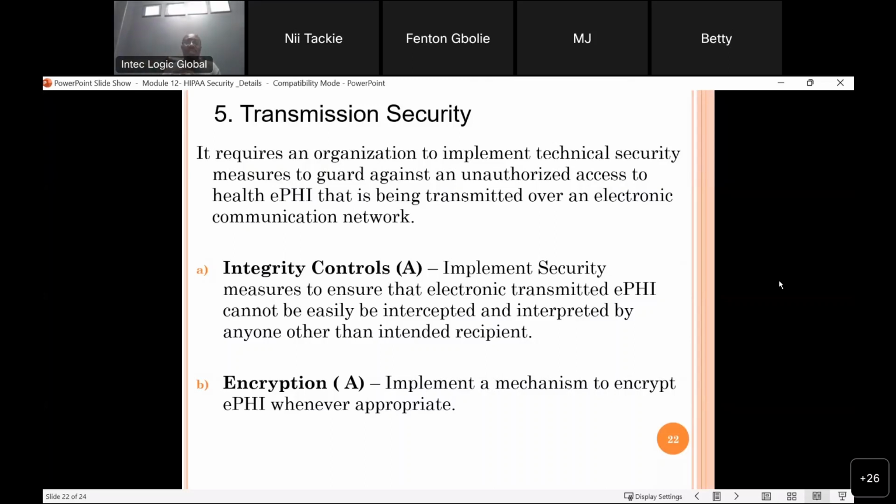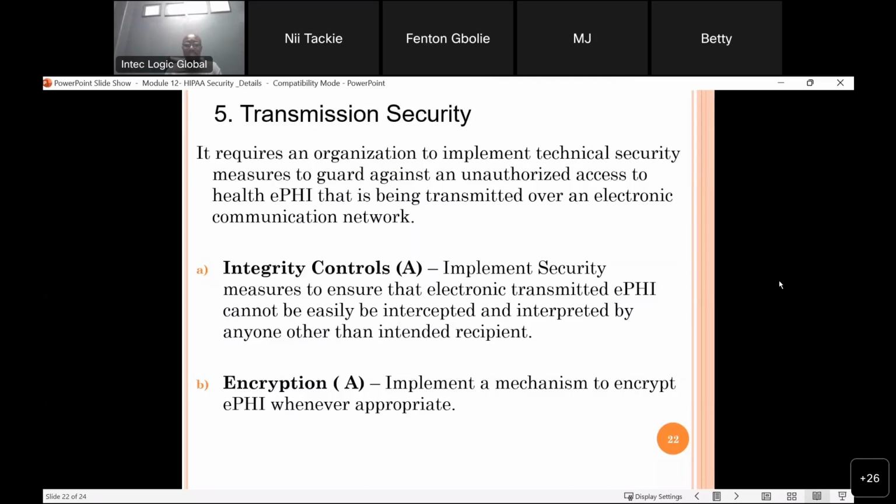So here, one, we have integrity controls: implement security measures to ensure that electronically transmitted EPHI cannot easily be intercepted or interpreted by anyone other than the intended recipient. Nobody can intercept it.